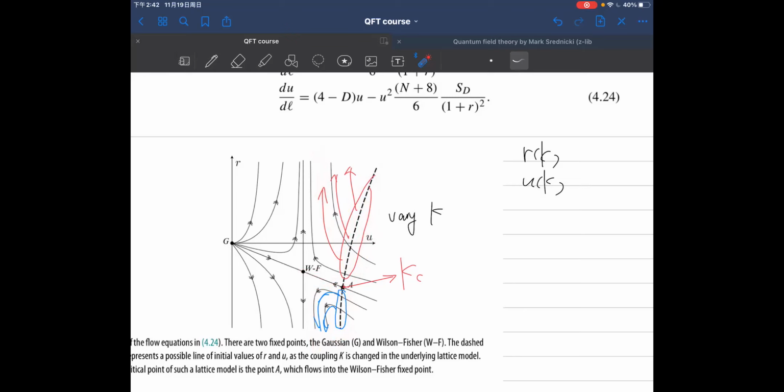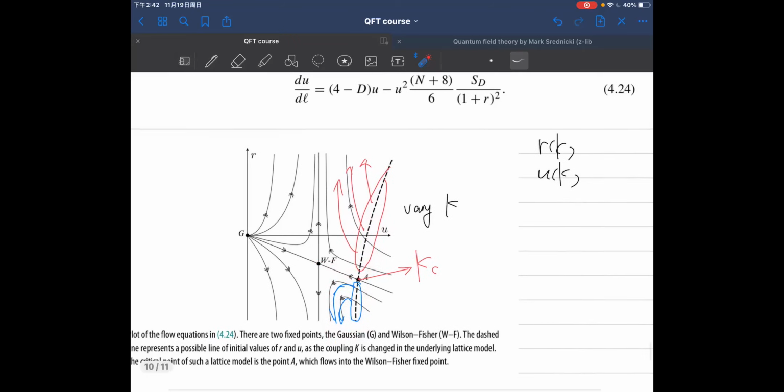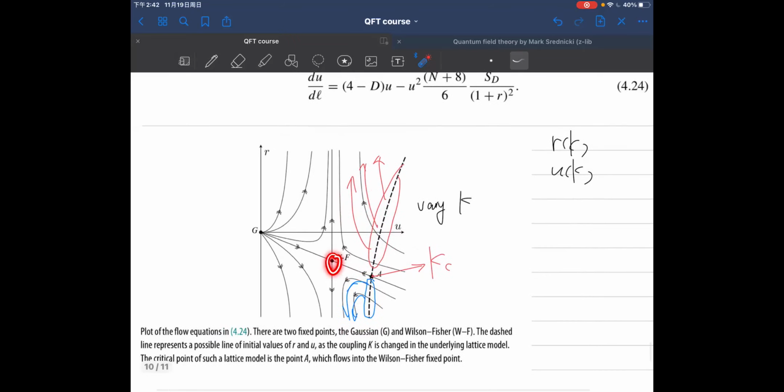Then you notice that this fixed point is maybe not so stable, because this point will go to infinity. So actually it's not a stable point. But it's not so important. Maybe we can imagine that the real system is like this one.